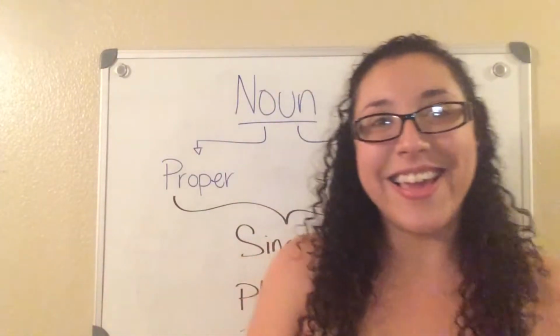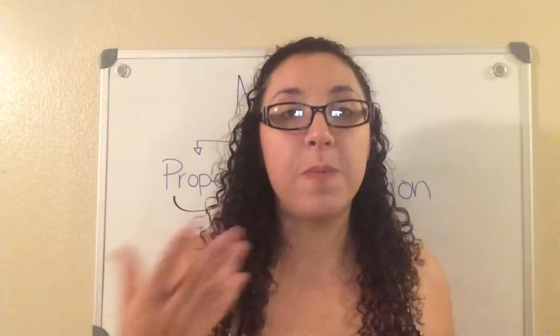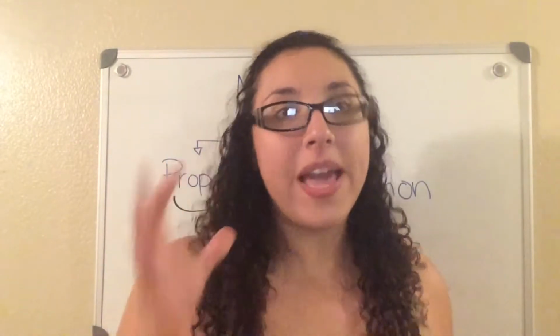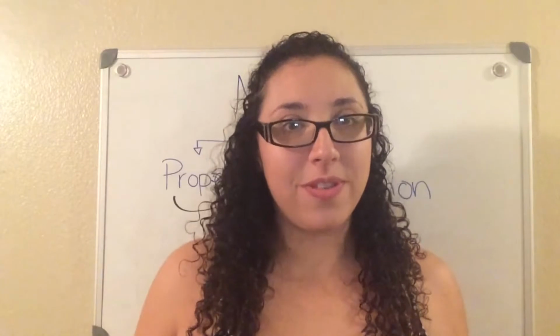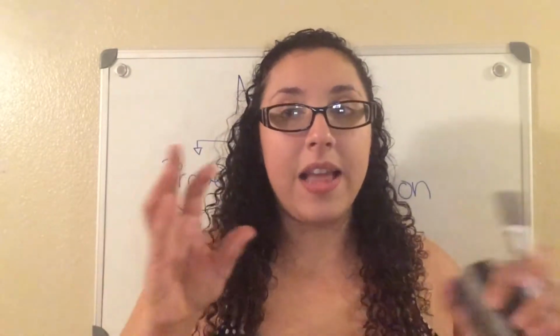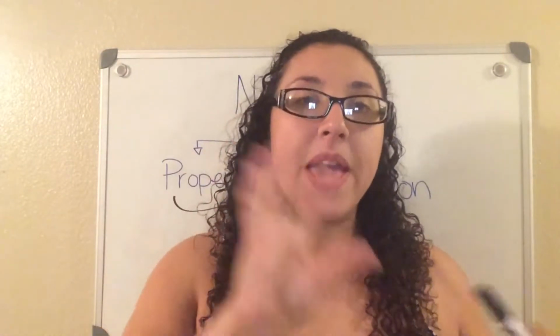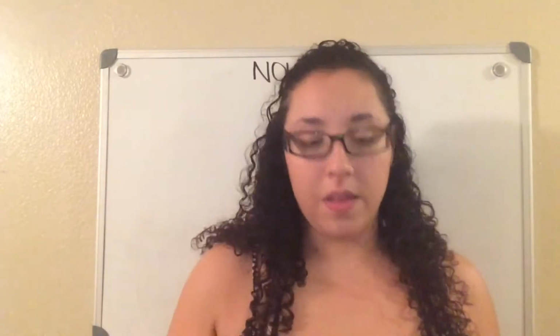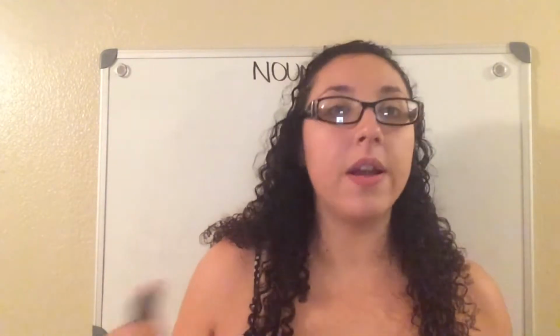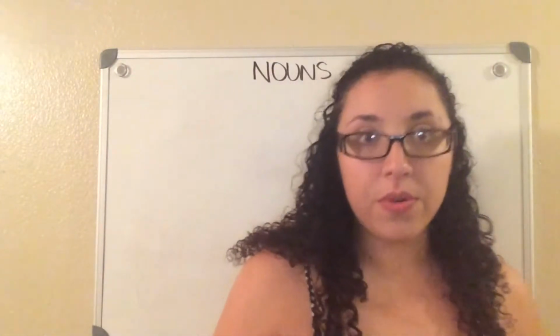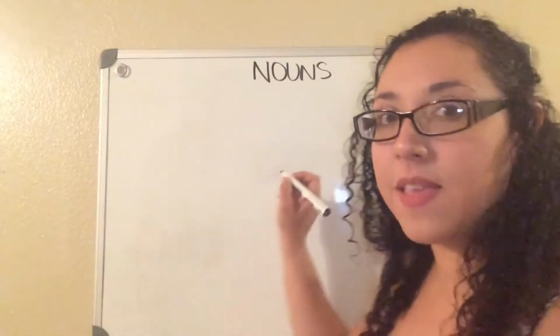Now the reason why I bring this up is because in order for us to write and speak correctly, we have to kind of know the rules of the nouns and how to make them from singular to plural. Generally to make either a common or a proper noun from singular to plural, you just have to add an S at the end of it.